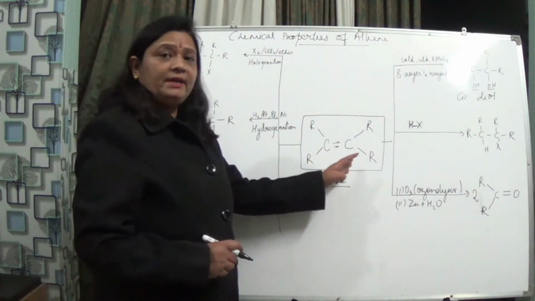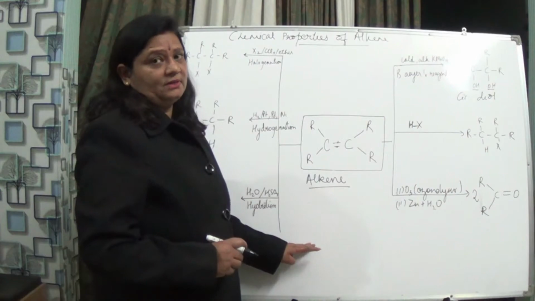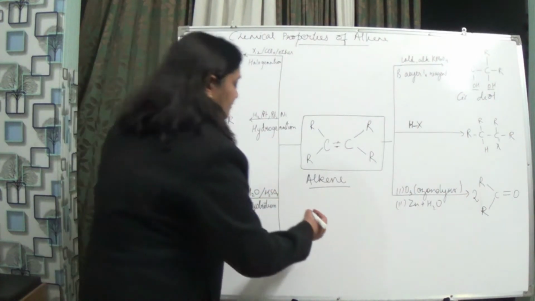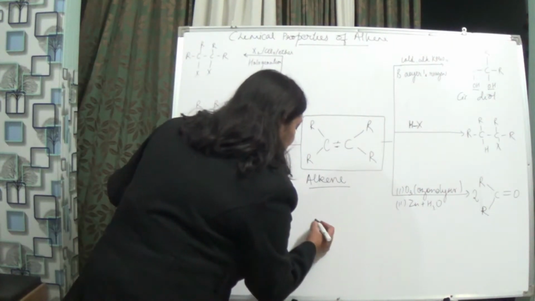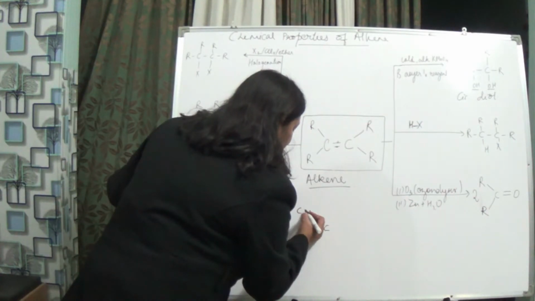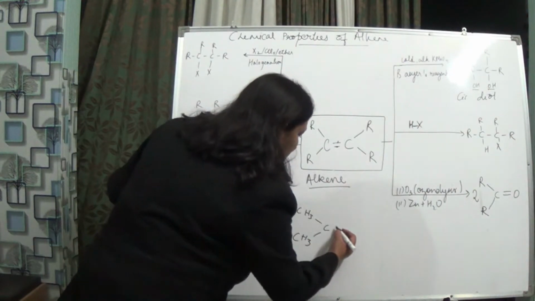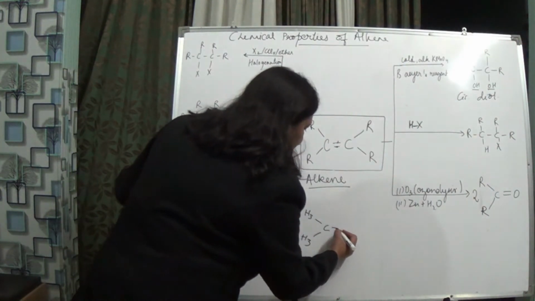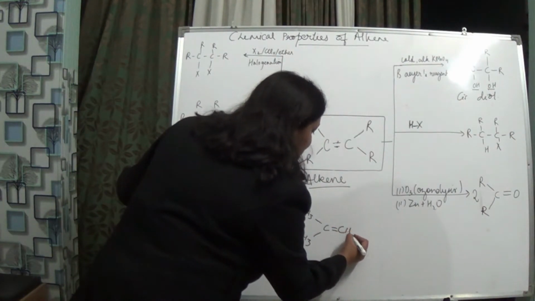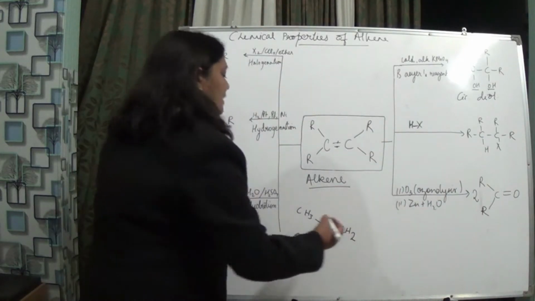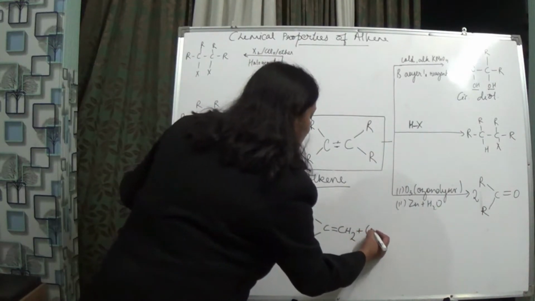Here symmetry is there. Now taking an unsymmetrical alkene. Suppose we are taking CH3, CH3, and here a double bond CH2, plus we are adding what? Ozone to it.